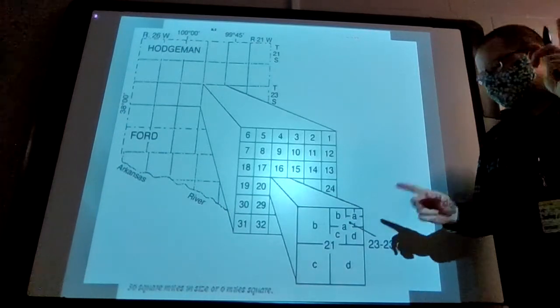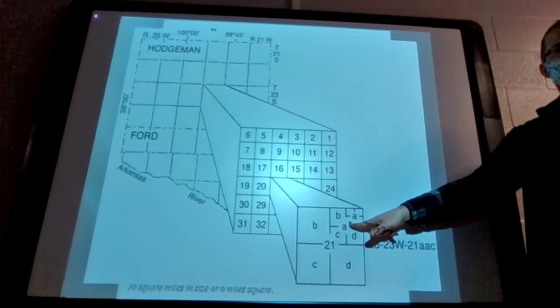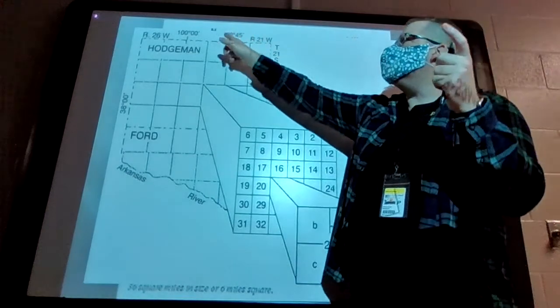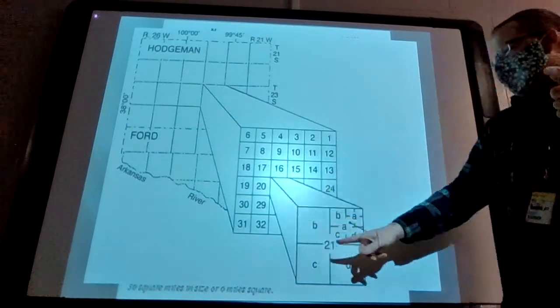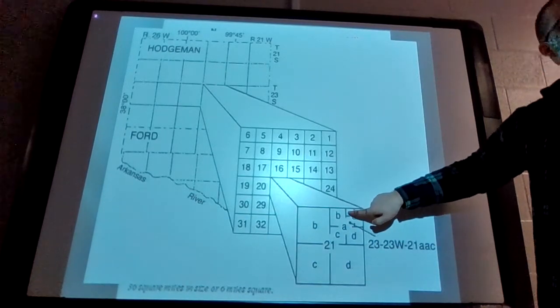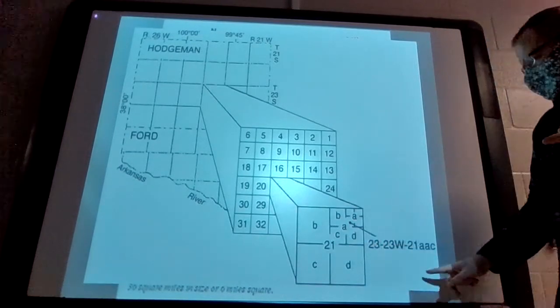So let's say, for example, I had a point right here. We already know it's going to be township 23 south, range 23 west, section 21, and then it's going to be in the northeast quadrant of the northeast quadrant. So that's what they have here.